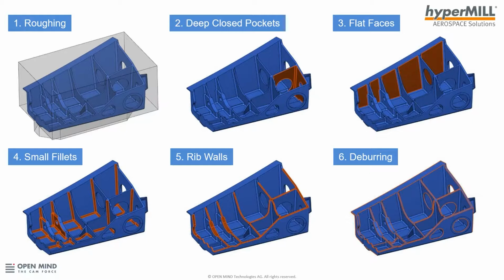The third topic is what I call flat faces, or difficult-to-reach faces, and these flat faces could really be slightly curved as well. It's also a general trend in aerospace manufacturing that these parts have some curvature. They're not perfectly flat and planar.